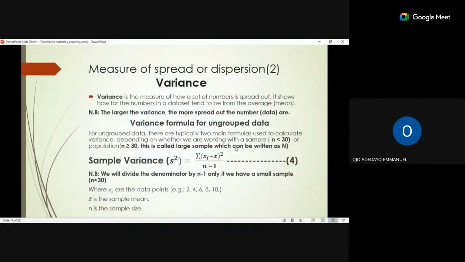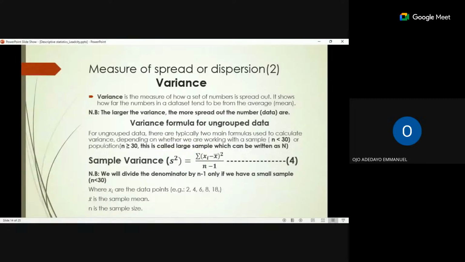Then we move to the variance. Now, let me quickly say this. In statistics, generally, we have what we call the large data set and small data set. How do you define your large data set?